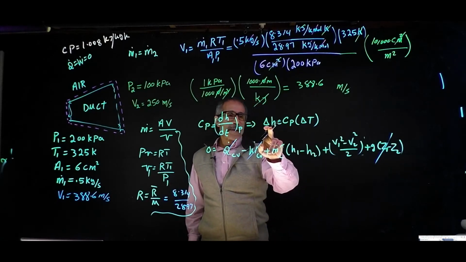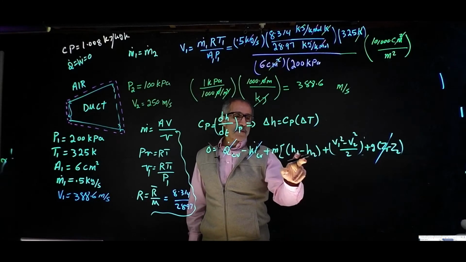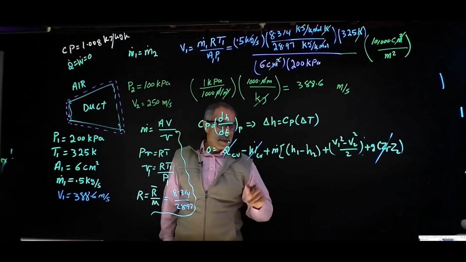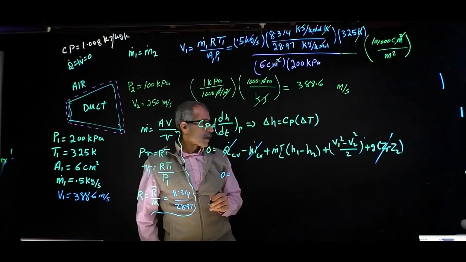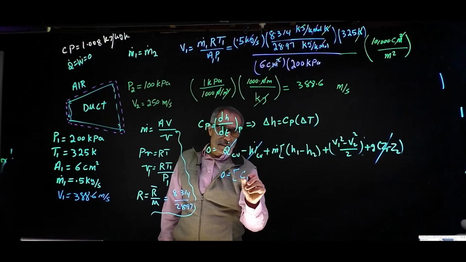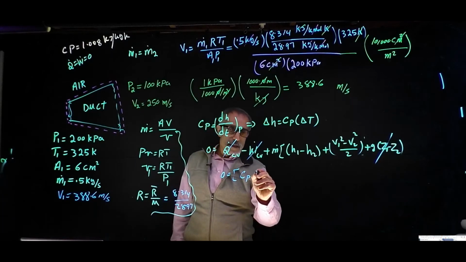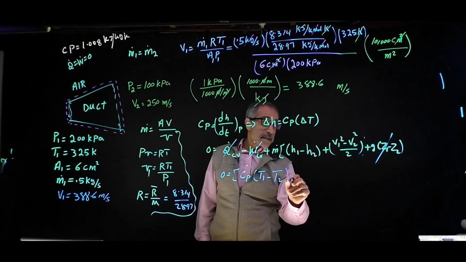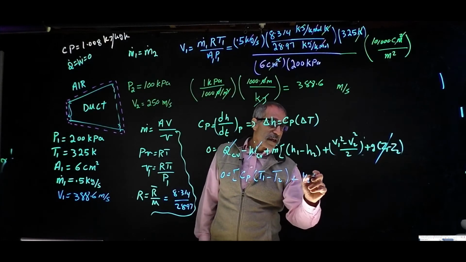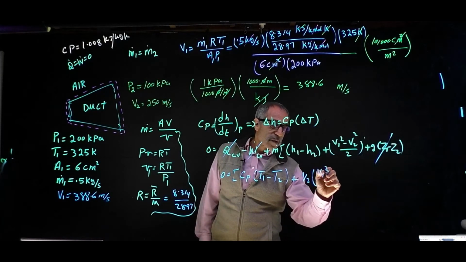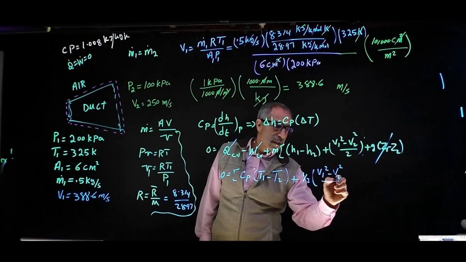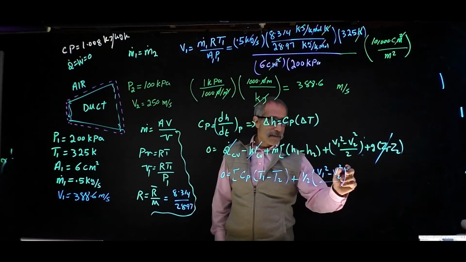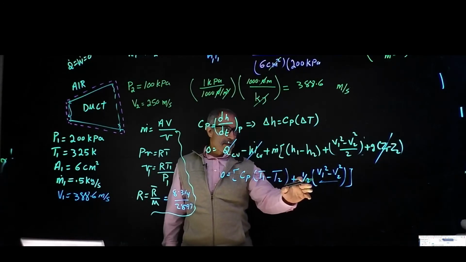I'm going to substitute this in here, so in terms of H we're going to have it in terms of Cp. And therefore we can say 0 is equal to Cp times T1 minus T2 plus this right here, which is 1/2 times V1 squared minus V2 squared. There we go. And close that out. Calculate T2 from here.